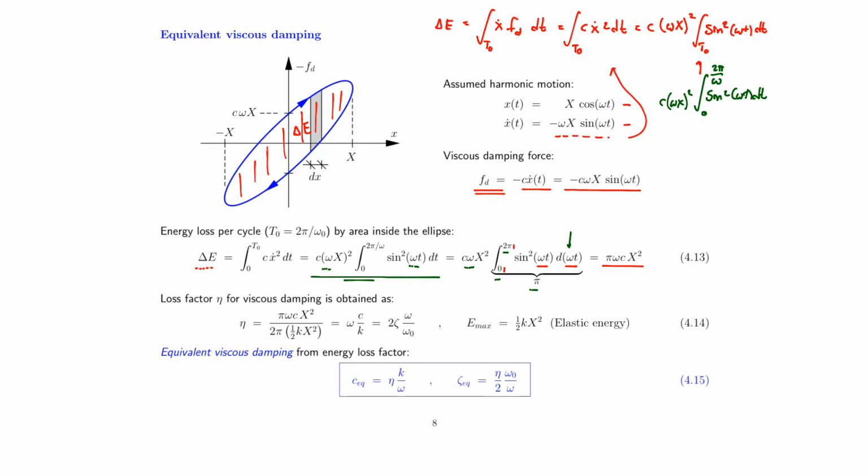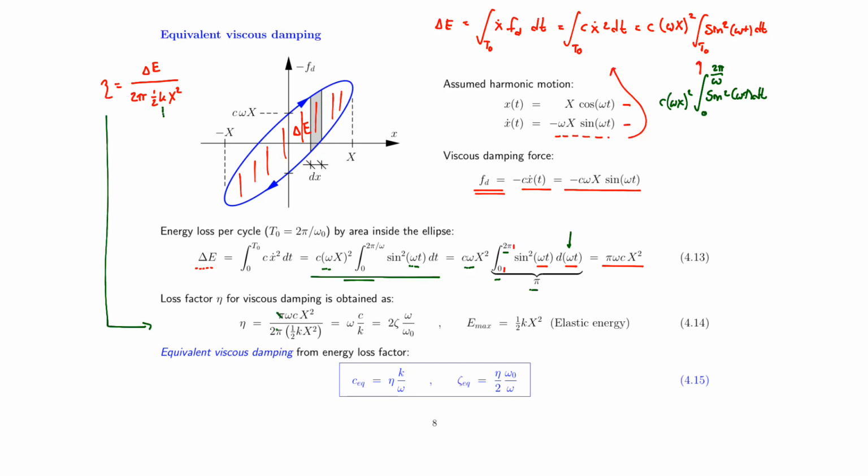Then remember that the loss factor is equal to the dissipated energy that we know by now, divided by 2 pi and divided by 1/2 k capital X squared. So this introduces some kind of structural stiffness that you are supposed to know if you want to determine the loss factor. So the loss factor we determine by this expression here, and we see that terms cancel.